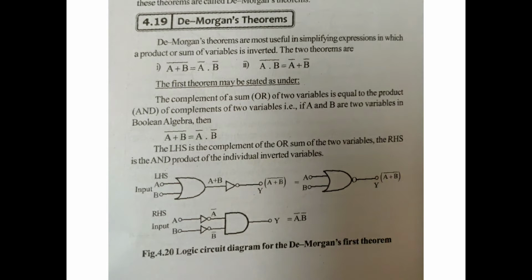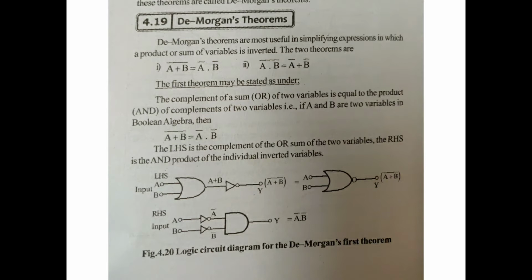If you look at figure 4.20, on the input side, LHS, A and B are the inputs, and the output is A plus B, that is fed to a NOR gate, and your resultant is (A plus B) bar. Next, the right hand side.